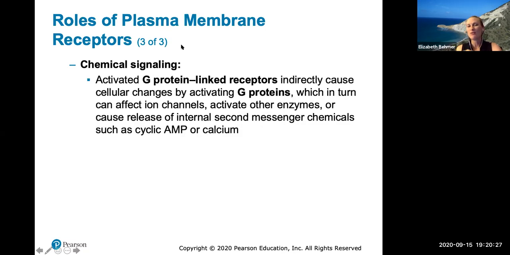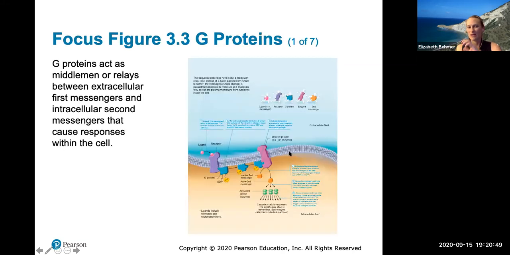We also have G protein linked receptors, which are an indirect way to cause a cellular change on the inside by activating G proteins. G proteins can cause a signaling change on the inside of the cell by releasing internal second messengers, which are called cyclic AMP or calcium.